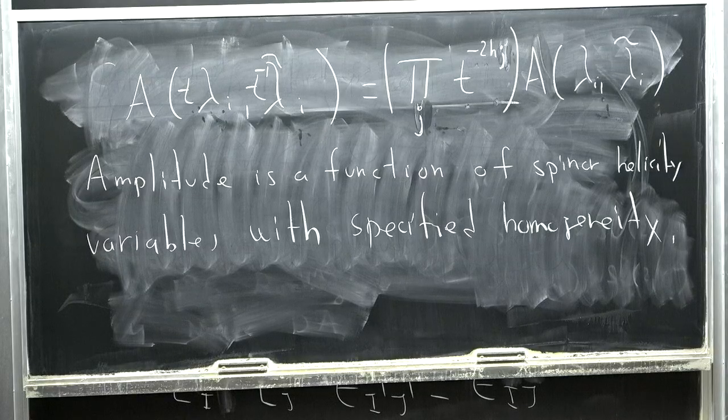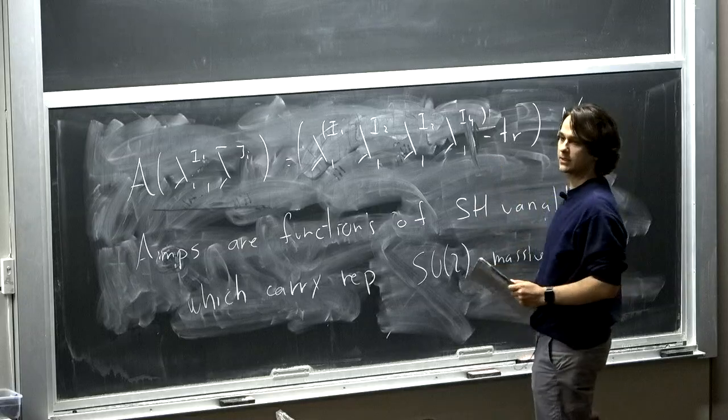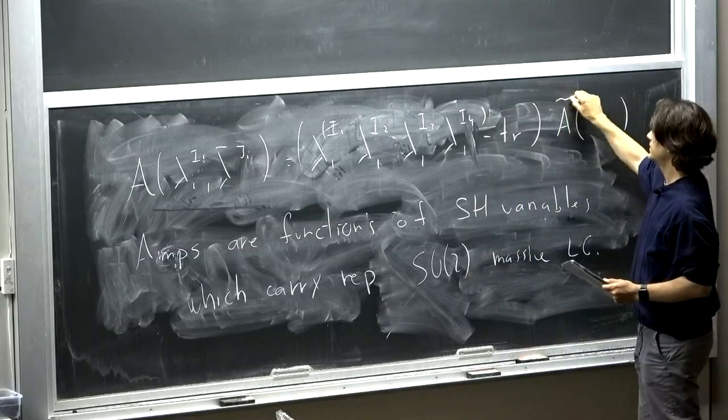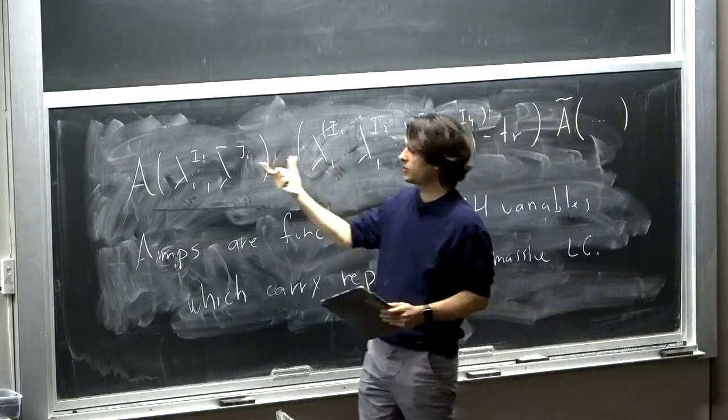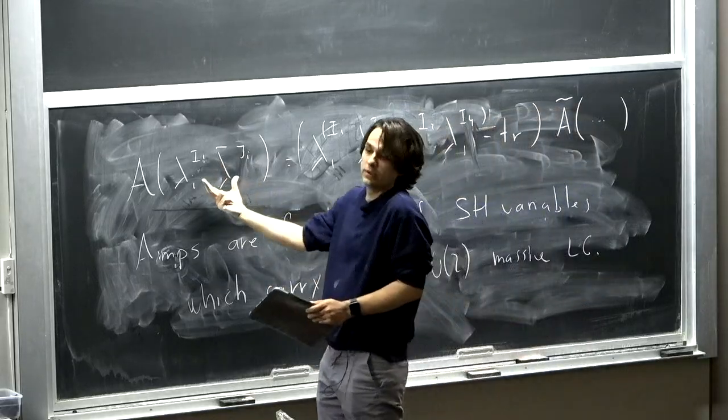I can write the amplitude as lambda 1 I1, lambda 1 I2, lambda 1 I3, lambda 1 I4, so 2s, if s is 2, symmetric minus the trace, and then some function where all of those indices are contracted. We can always carry the little group representation using these variables. So this is just to say that these are all the things I need to write the amplitude.